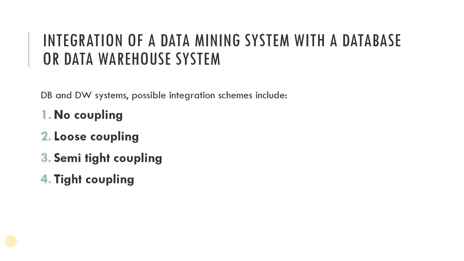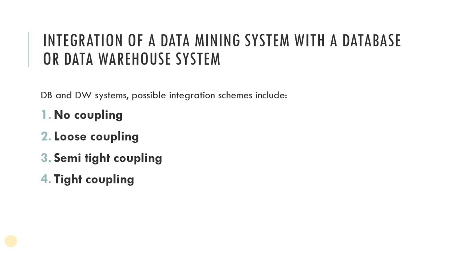The only functionality the data mining system uses of the data warehouse or the database is to fetch the data from it. The required portion will be fetched from the database or the data warehouse, and then they apply the data mining algorithms on that, and then store the results in a separate file or in a designated location in the database or the data warehouse.